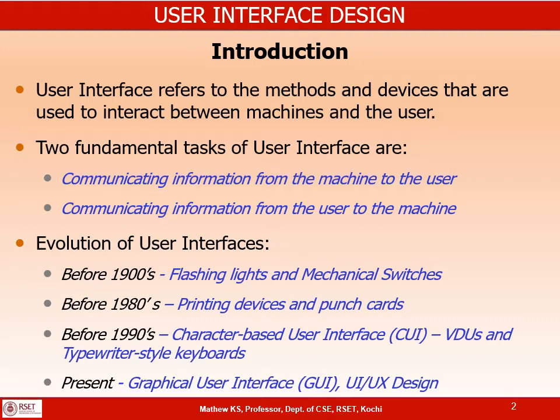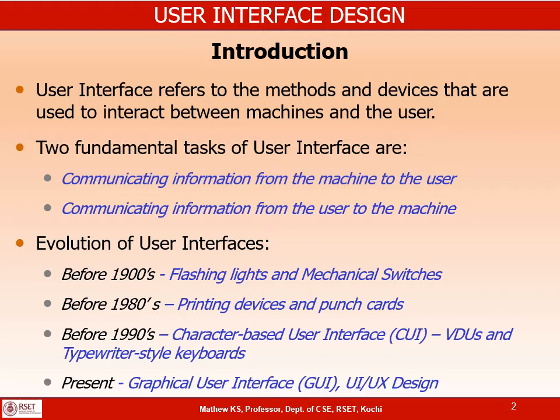There are two fundamental goals for user interface design. One is to communicate information from the machine to the user. If the machine wants to communicate some information to the user, it uses the user interface.